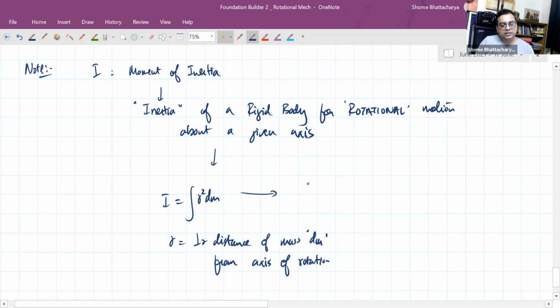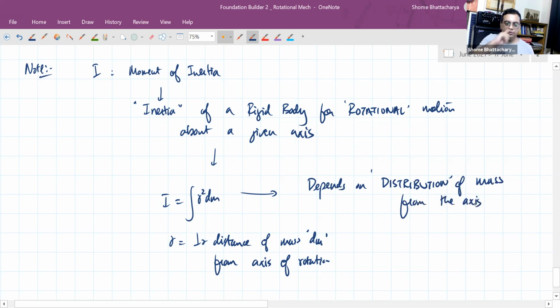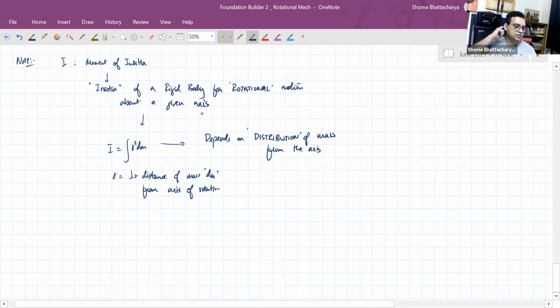So you can see that it depends on the distribution of mass from the axis. So basically what this suggests is that the further away the mass is from the axis of rotation, the heavier it appears to be.